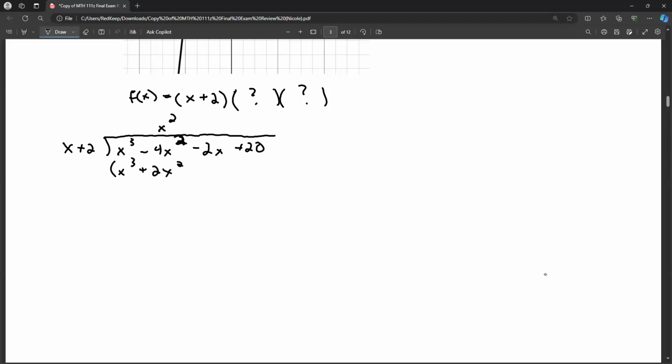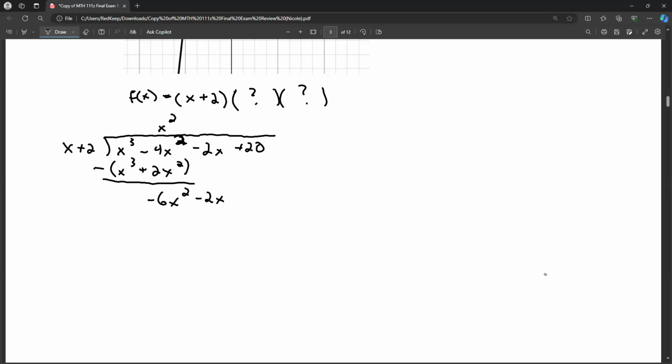Subtract that value, and the x cubes cancel to get 0. We get negative 4x squared minus 2x squared, which is negative 6x squared. And I'll bring down the next term, minus 2x.